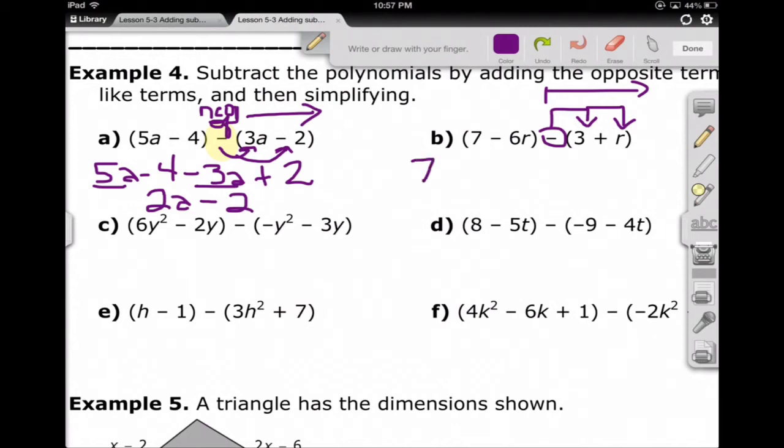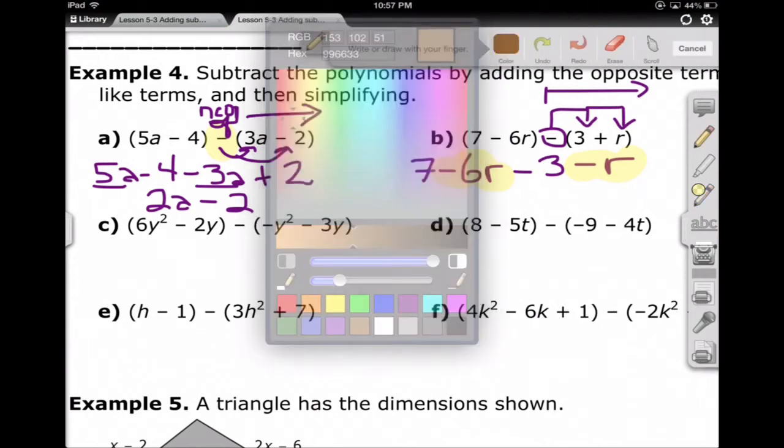So this is 7 minus 6r decreased by 3 minus r. When you go to combine your terms, be careful and see what the values are. Look in front of the r. Is that a plus 6 or a minus 6? It really does matter. Switch up colors here. Needs a little change.